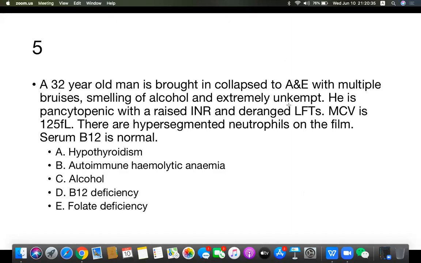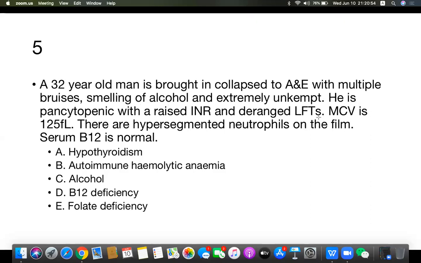That means he looks very untidy, probably because of the effect of alcohol. He is pancytopenic with raised INR and deranged LFT. These all are features of alcoholic liver disease, chronic alcoholic liver disease.